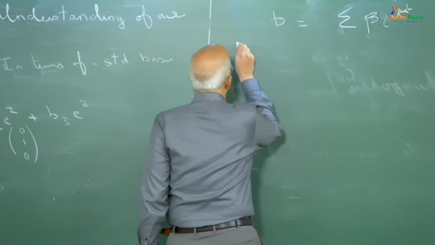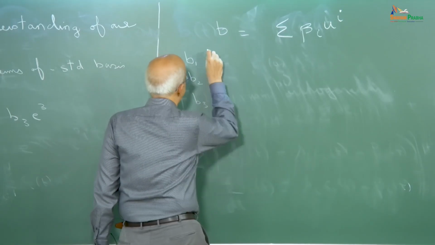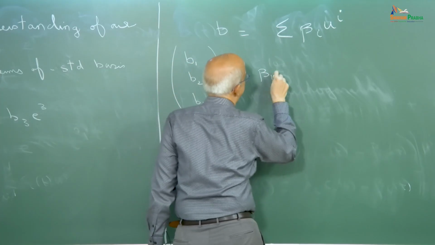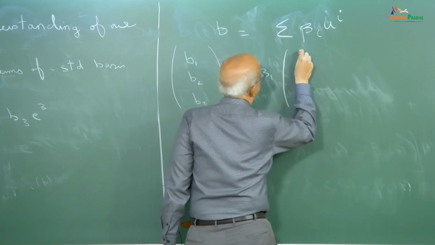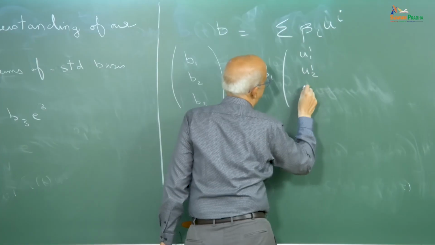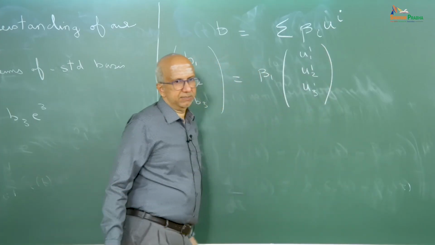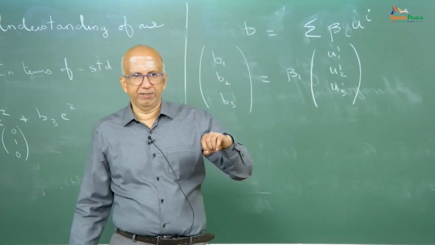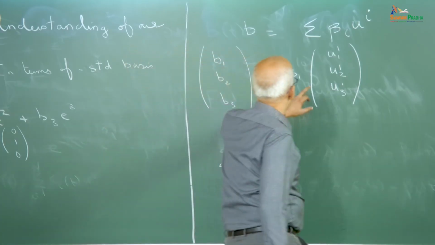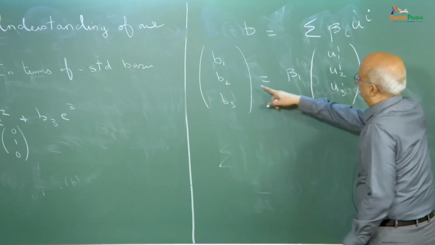So, now I have B1, B2, B3 etc. equals beta 1 times U1 superscript 1, U2 superscript 1, U3 superscript 1. Is this clear? The subscript denotes the coordinate, the superscript denotes the vector. This is the first vector.